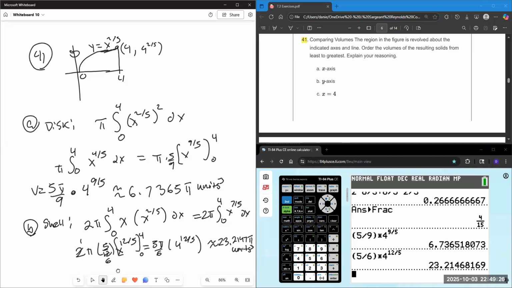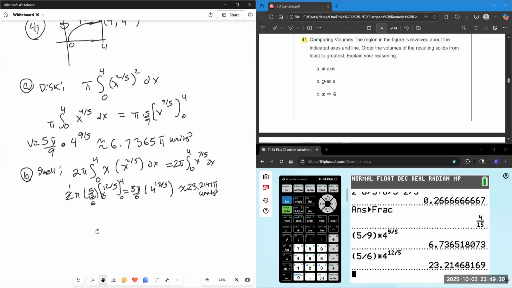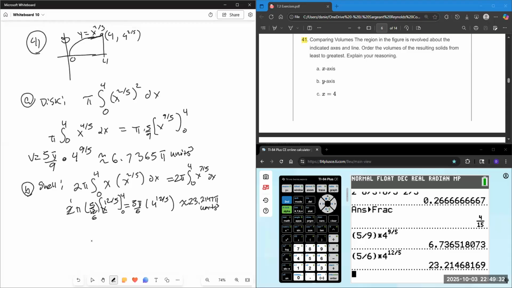and part C is going to be around the line x equals 4. So setup for C will also be shell, 2 pi, 0 to 4. This time we're revolving around this line over here.